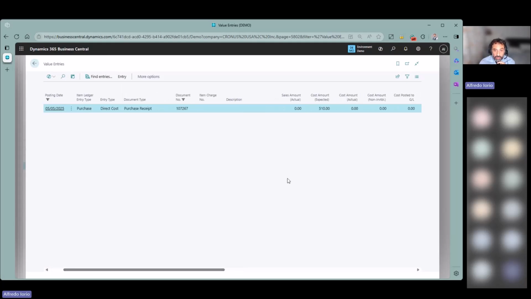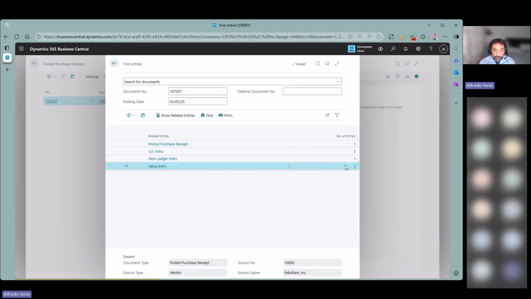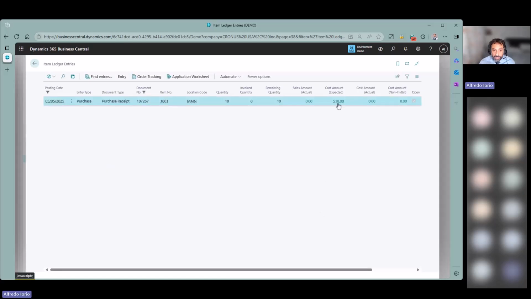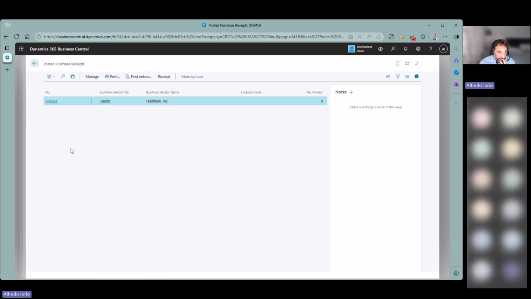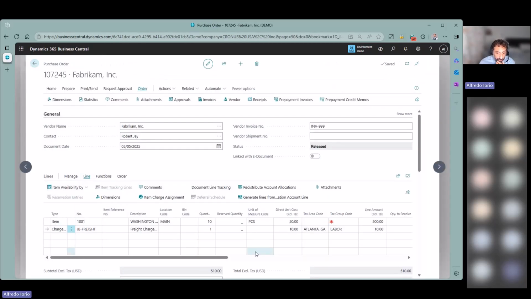You can see here we have the direct cost of purchase and indirect in one place accrued here. But if I look at the item ledger entry, again, 510, I don't see the item charge, right? So keep that in mind, because there are extensions that do that.